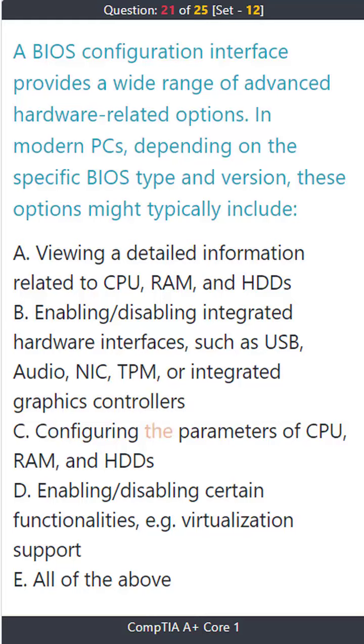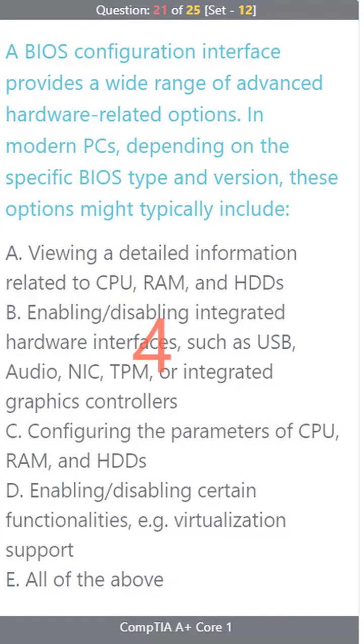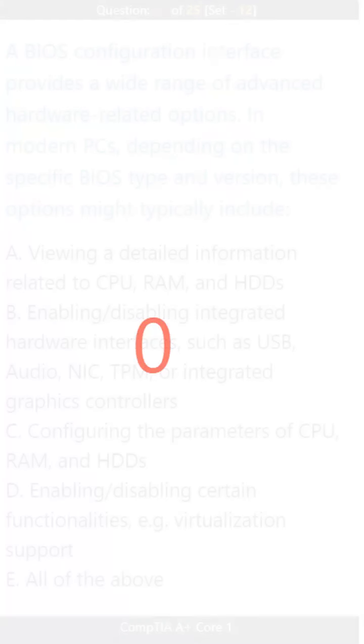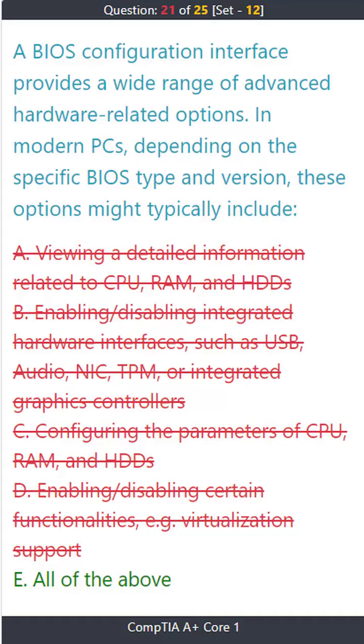C. Configuring the parameters of CPU, RAM, and HDDs. D. Enabling/disabling certain functionalities, e.g. virtualization support. E. All of the above. The correct answer is E. All of the above.